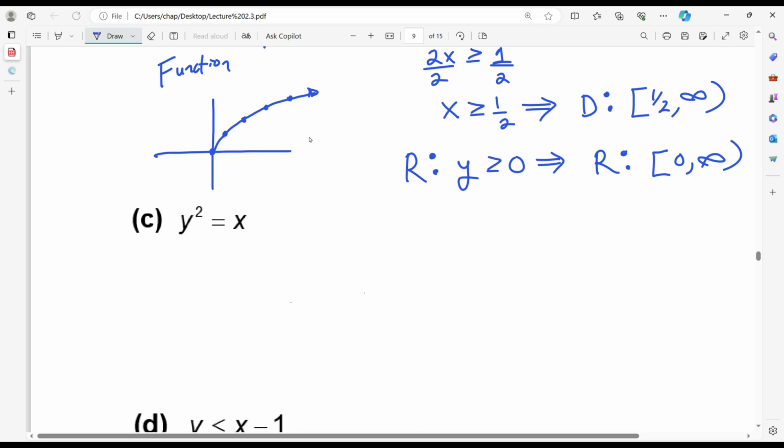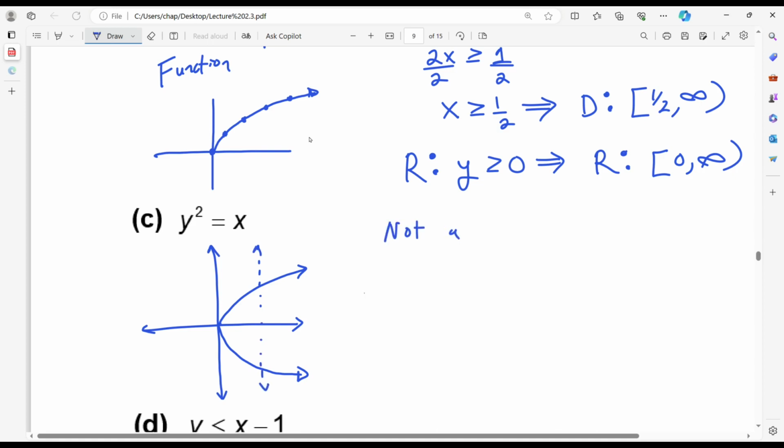In part C, we have a graph that looks like a sideways parabola. And if I were to plot points, I would get something like this. Now, by the vertical line test, this does not qualify as a function. This is not a function.